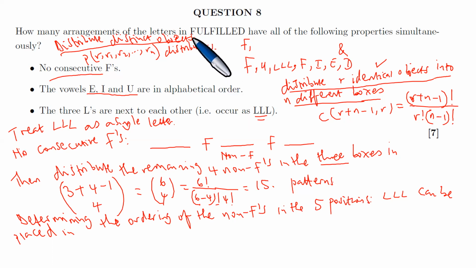Okay, obviously, we're looking at the entire word fulfilled here. And the Fs would be separated, giving us a total of 3 boxes. With the grouping of the 3 Ls, the vowels, etc., we have a total of 4 non-Fs in the word fulfilled. You can always look at how to organize that and think of that very clearly. You want to arrange them so that the Fs are non-consecutive. So how many non-Fs are there?